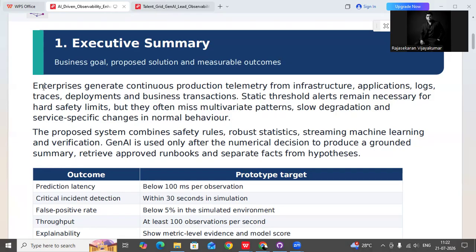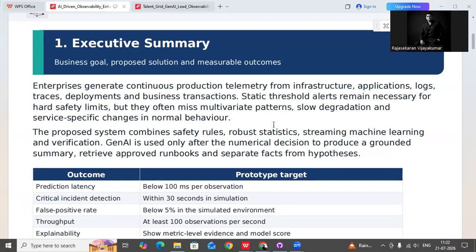Enterprises generate continuous production telemetry from infrastructure, applications, logs, traces, deployments, and business transactions. Static threshold alerts remain necessary for hard safety limits, but they often miss multivariate patterns, slow degradation, and service-specific changes in normal behavior.